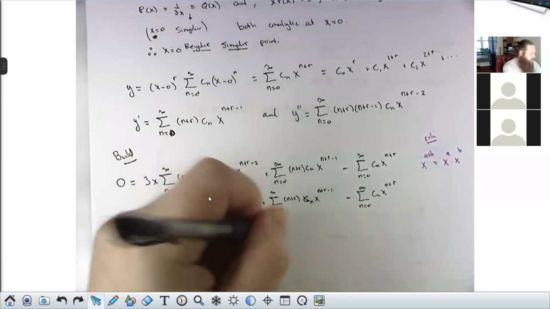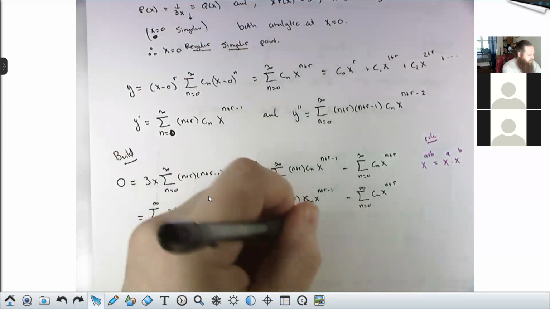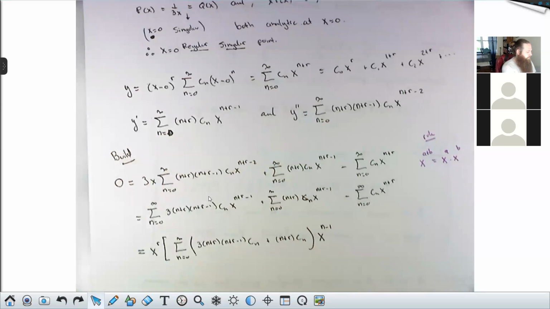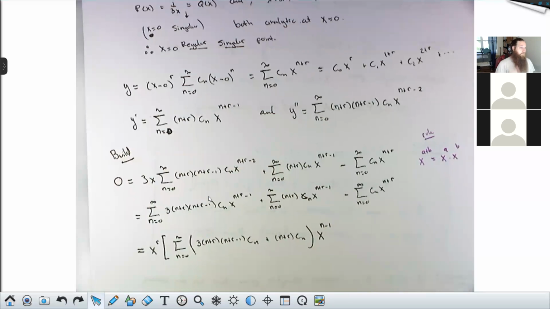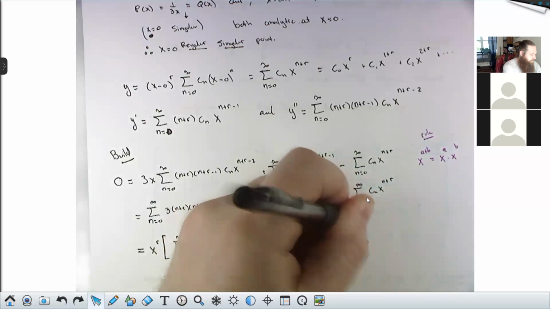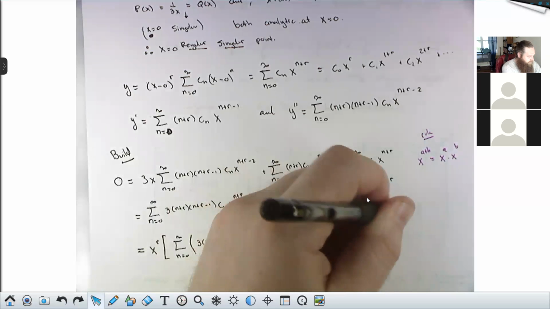From the second series, I have n plus r cn, close big paren, x to the n minus 1. So this is everything from the first two series after factoring out x to the r. From the third series, after I factor out x to the r, I'll just have minus sigma n from 0 to infinity. I can't combine him yet because the powers don't match, x to the n.